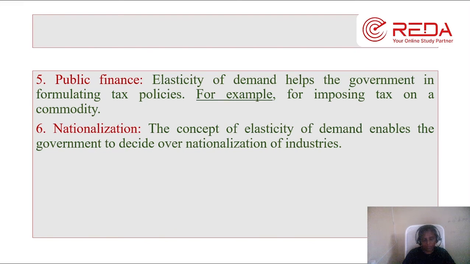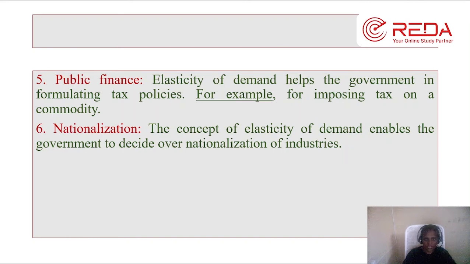Then the next one is public finance. Here also elasticity of demand is very important. For example, it helps both the state government and the central government in fixing tax policies, for example the indirect taxes imposed on a commodity.